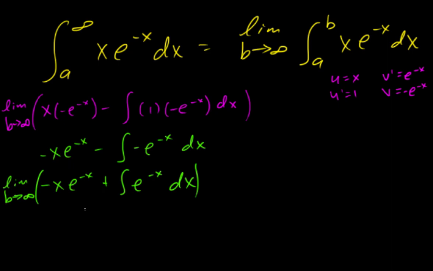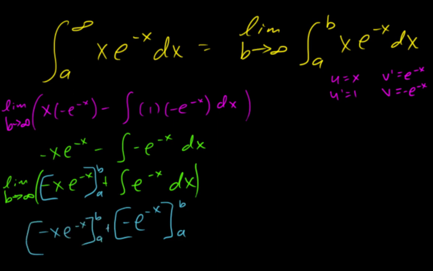So this would still be from a to b because it's a definite integral. And if we take the antiderivative of this, it's negative, it's this. I can't talk right now. And so this one is also from a to b. And all of this is still the limit as b approaches infinity.